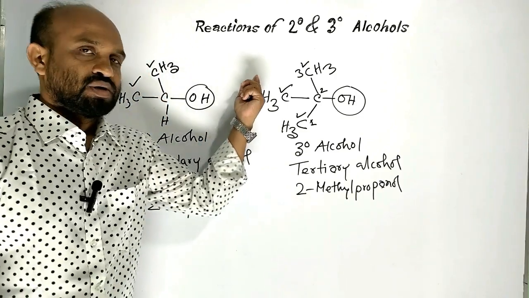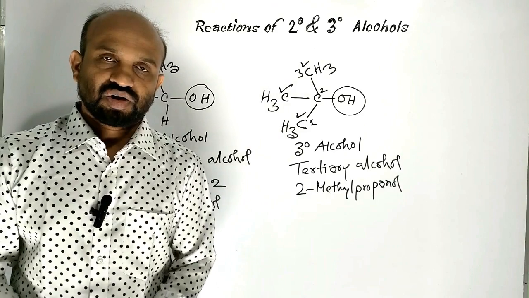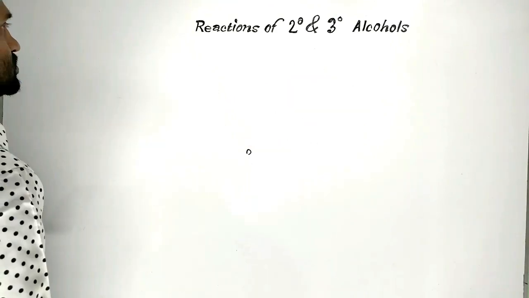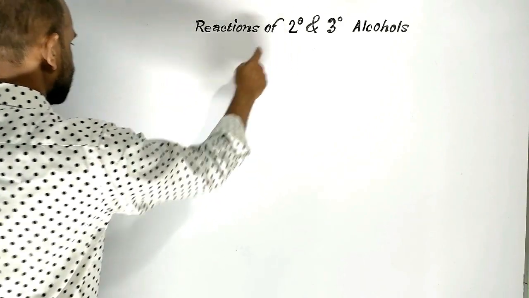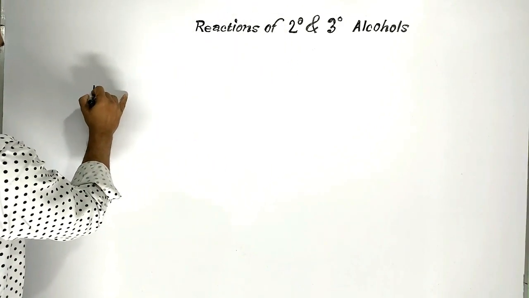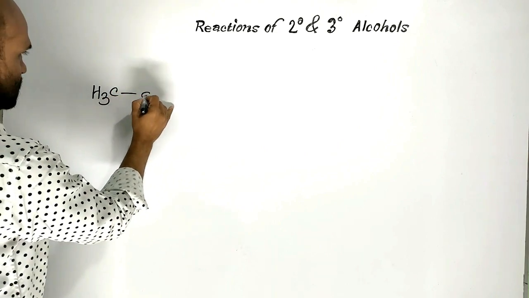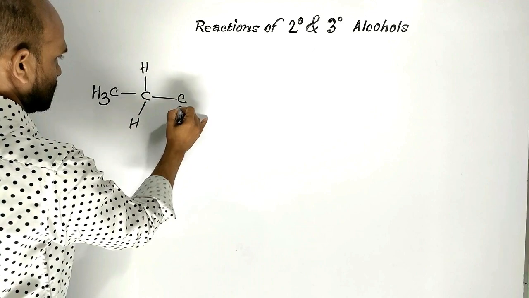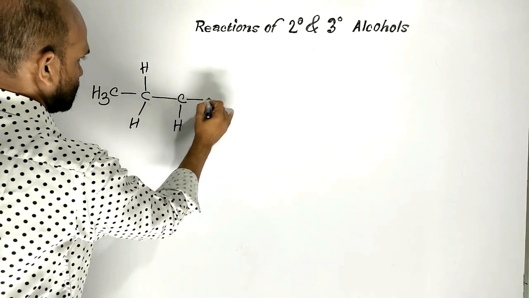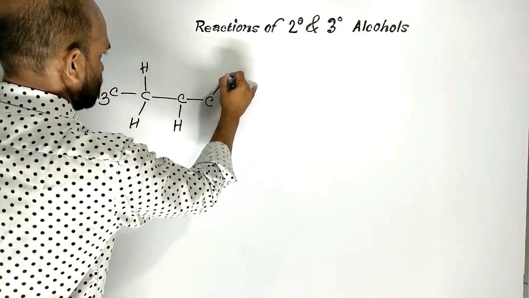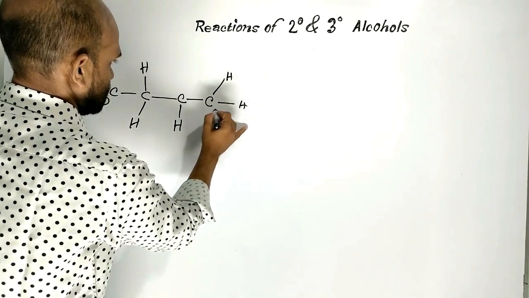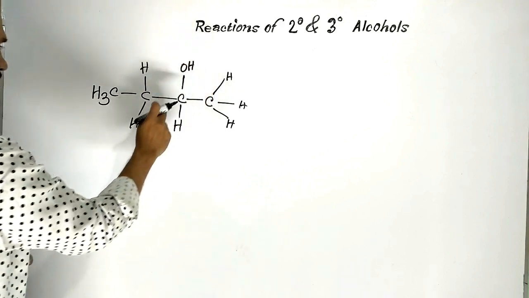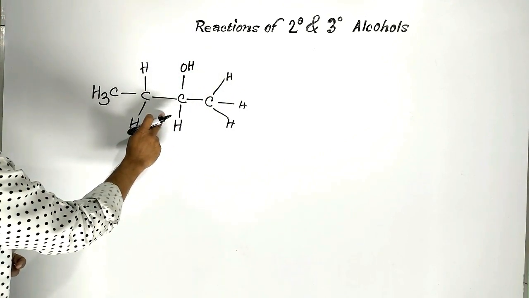Now let us see reactions of 2-degree and 3-degree alcohols. 2-degree alcohol. This is a kind of 2-degree alcohol.